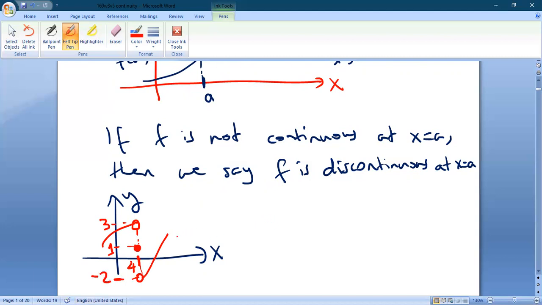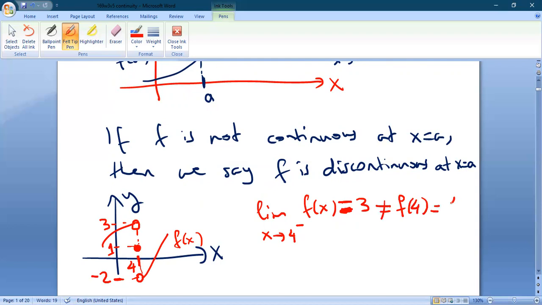Then what can we say? This is f of x. The limit from the left at 4 of the function is equal to 3, right? Because the output values from the left are approaching 3. But this is not equal to f of 4, which is 1. As you see, f of 4 is defined as 1.